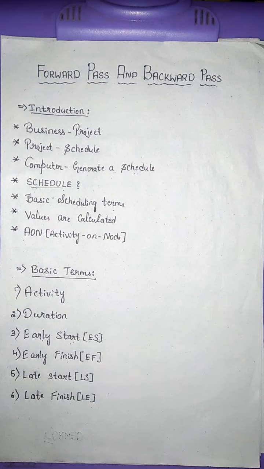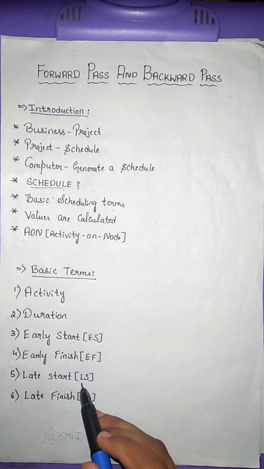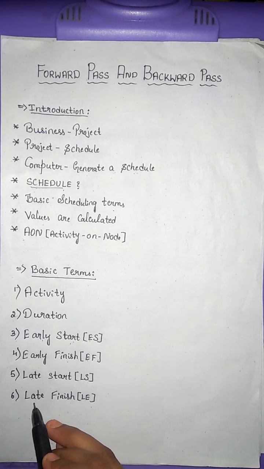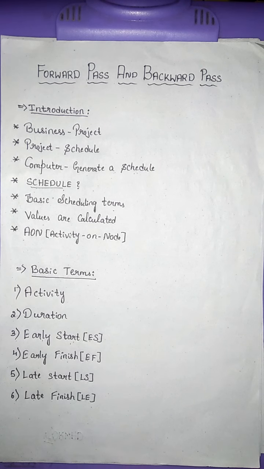Earliest date that the activity can finish. Late start, LS. Latest date that the activity can start without causing a delay to the project completion date. Lastly, late finish. Latest date that the activity can finish without causing a delay to the project completion date.